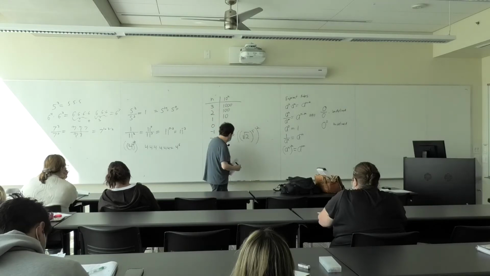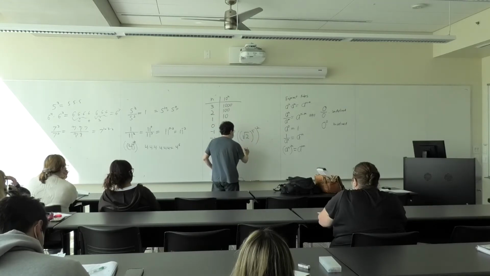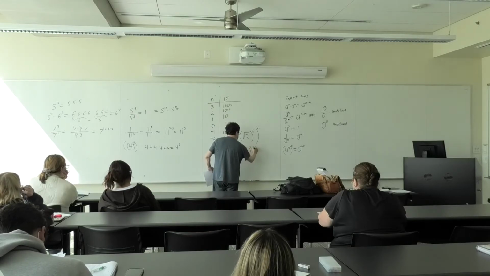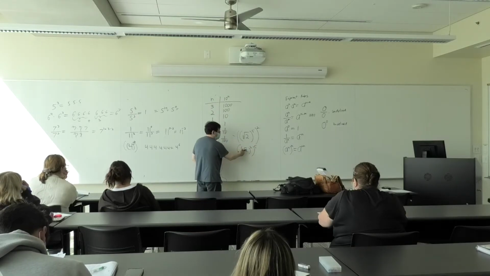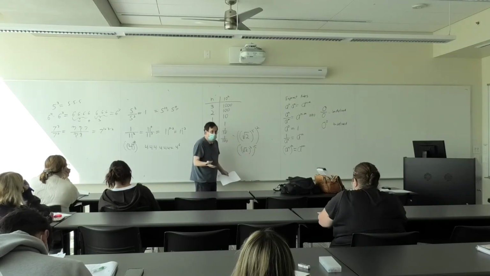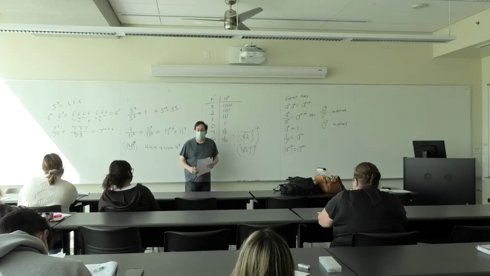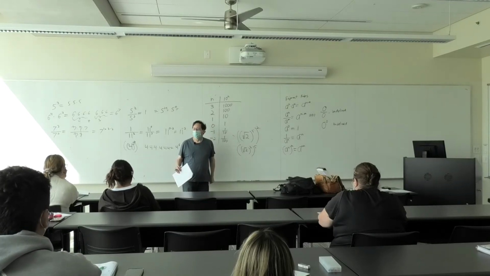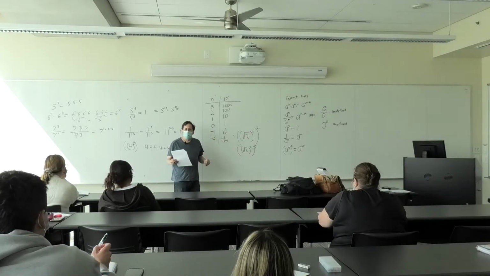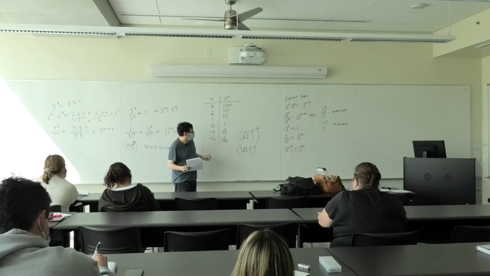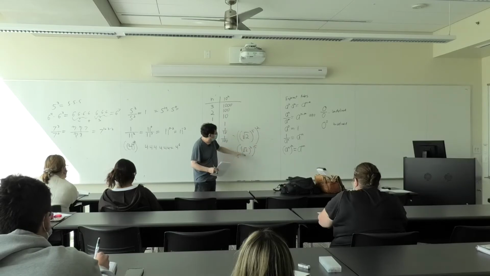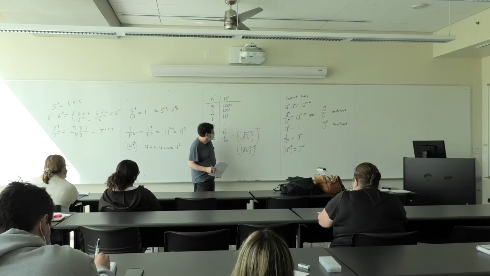Here we can just switch the 5 and the 2. Square root of 2 squared is 2. 2 to the 5th, well, 2, 4, 8, 16, 32. We didn't even need a calculator to write it down. So sometimes this trick can be helpful.